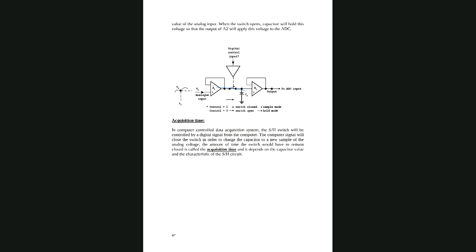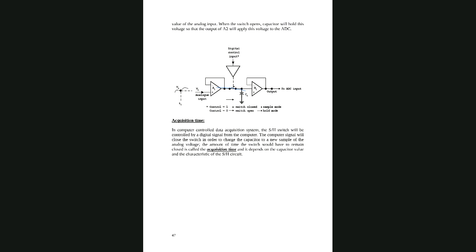Now the last thing is acquisition time. In a computer controlled data acquisition system, the sample and hold circuit will be controlled by a digital signal from the computer. We have seen already control input 1 and 0. The computer signal will close the switch in order to charge the capacitor to a new sample of the analog voltage.